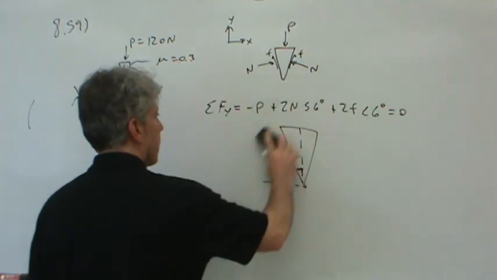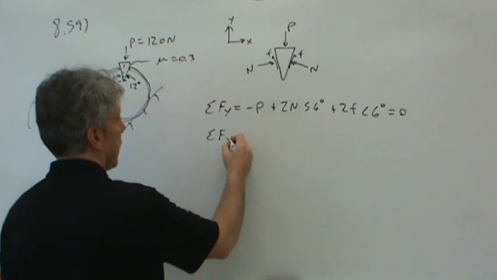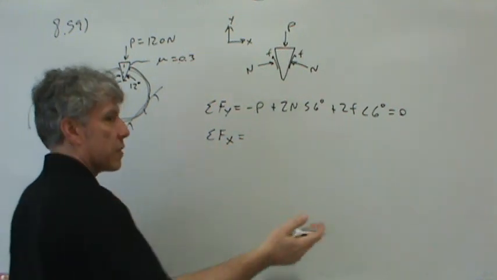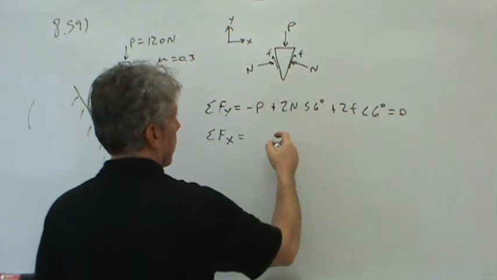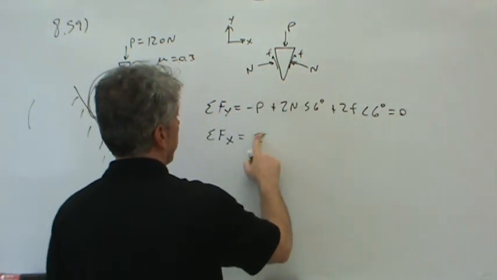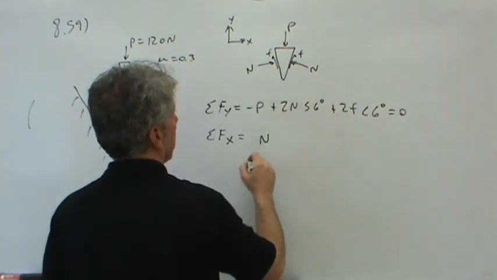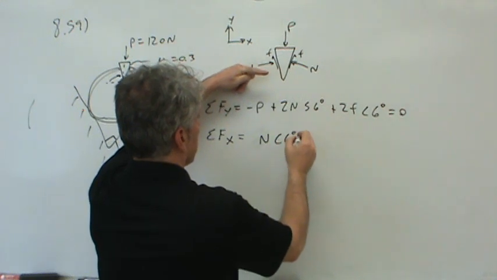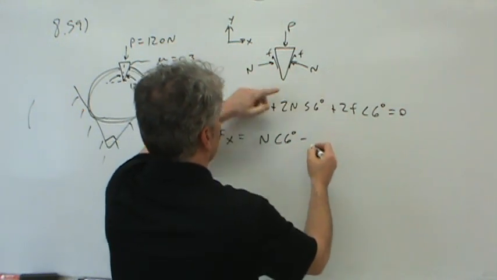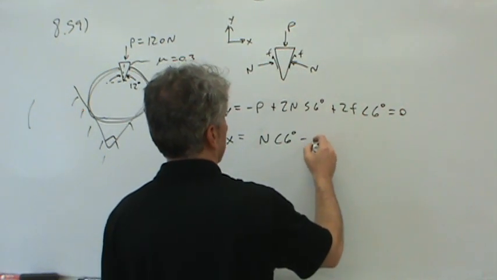If we were to sum forces in the horizontal direction, that should be easy because where we had sine, essentially put cosine. We don't have P acting horizontally, so we'll just have, well, it won't be 2N, will it? It will be N times cosine of 6 degrees minus, on this side, well, everything's going to cancel out, isn't it?